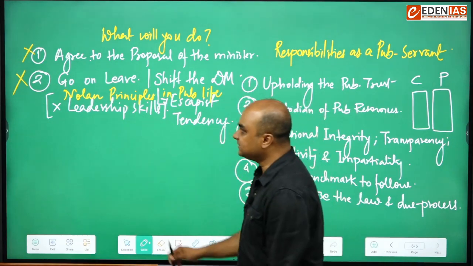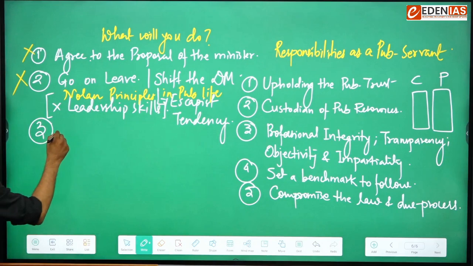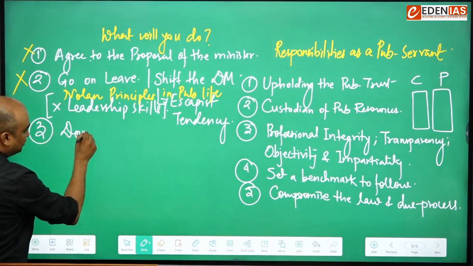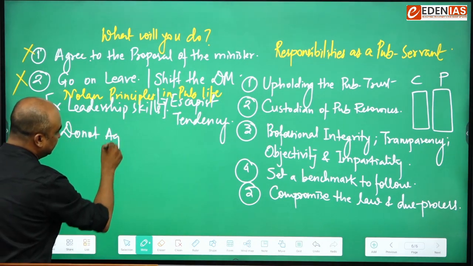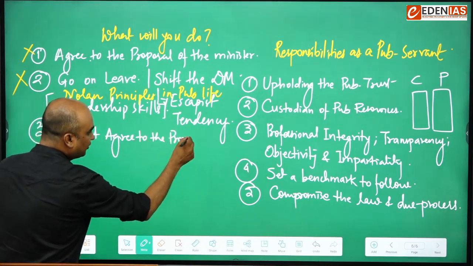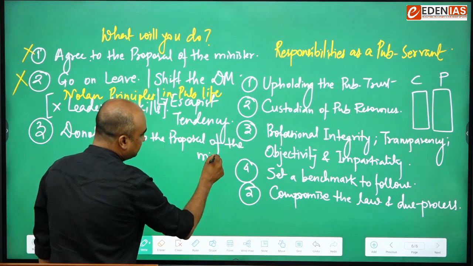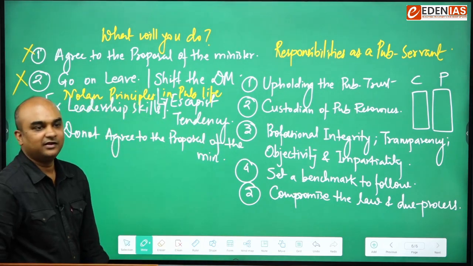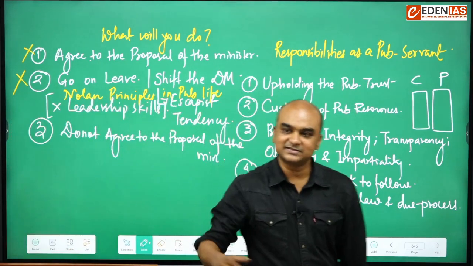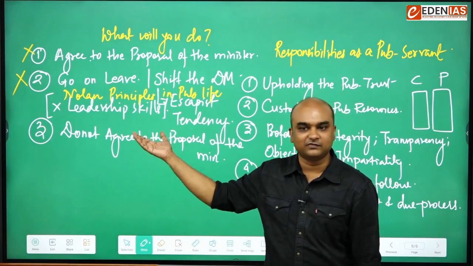So what is the third option? The third option is do not agree to the proposal of the minister. Prima facie, this looks like the answer, that you do not agree to the proposal of the minister.